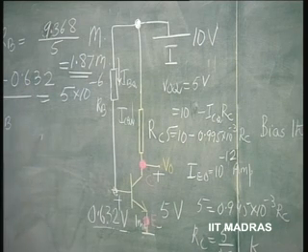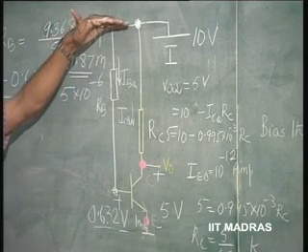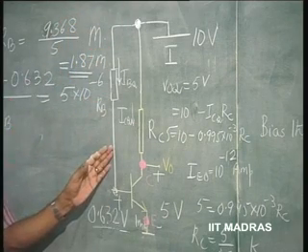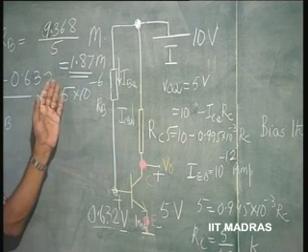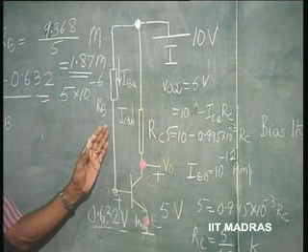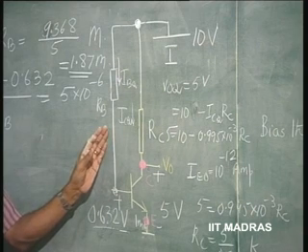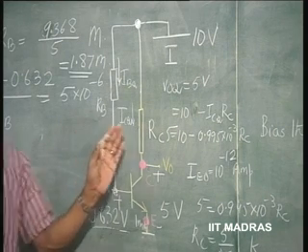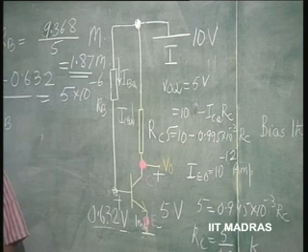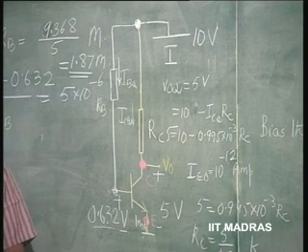What happens here is, as long as this is 10 volts and this is about 0.6, this current continues to be this 5 microamperes. This will remain constant. That is what we have fixed. But beta for different transistors will be differing. For one transistor alpha may be 0.995, another one it may be 0.996.